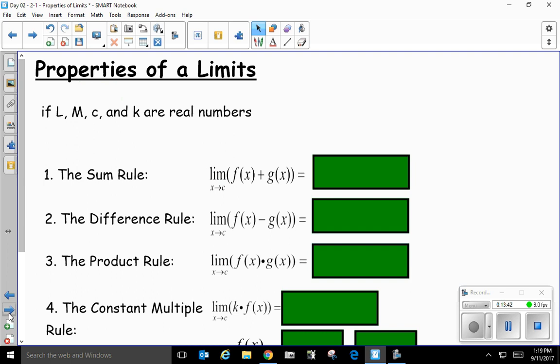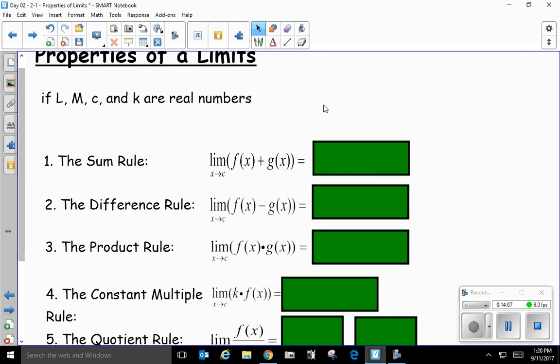These rules are so basic, it's crazy. This limit, x approaches c, looks intimidating, but it really is not. So let's do this. Are you ready?